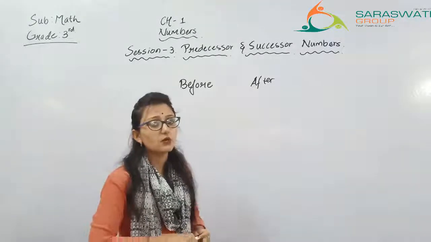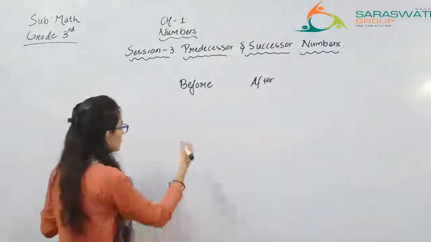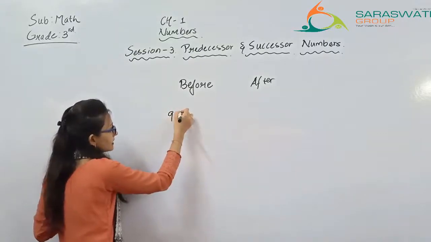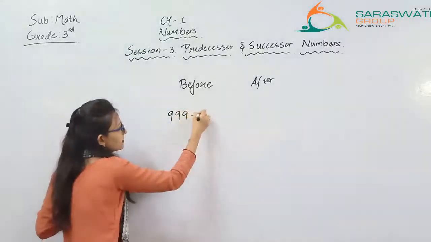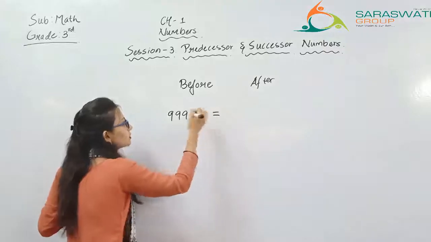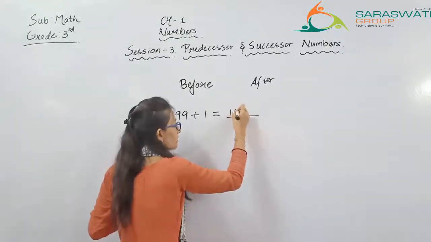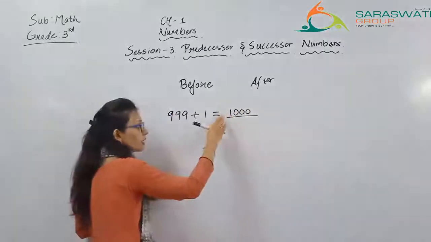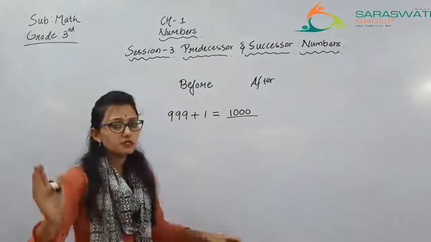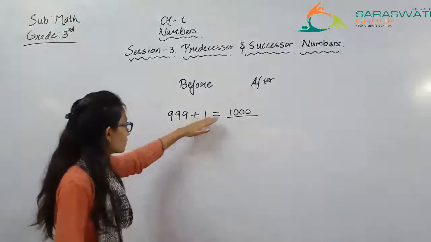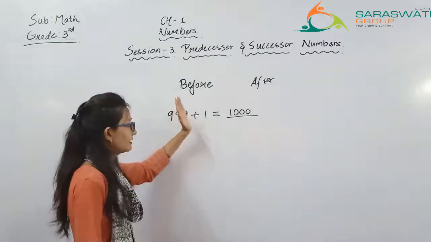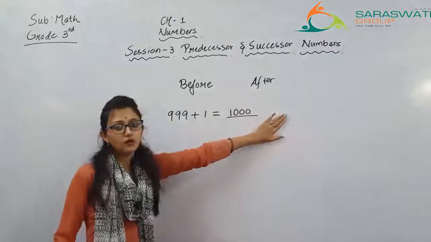Now let us take one example. If I am taking 999, by adding 1 to 999, we will get 1000, which is 1 followed by three 0s.